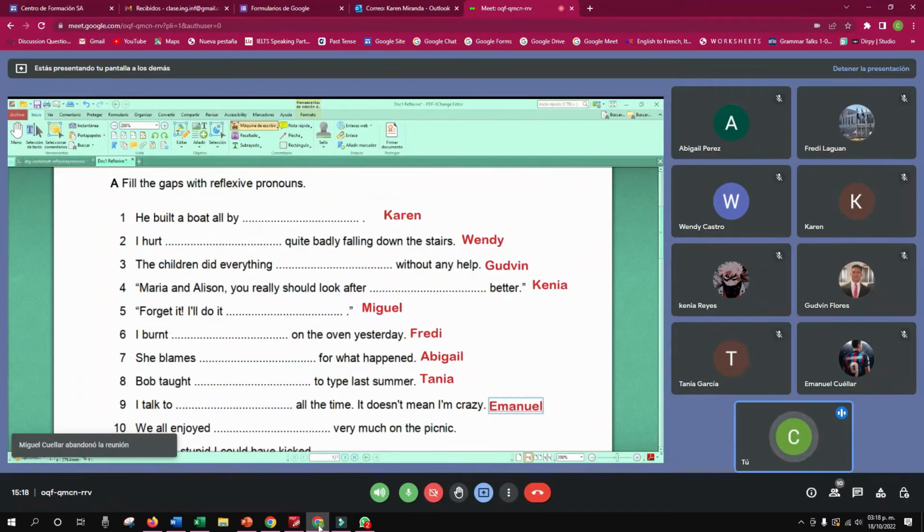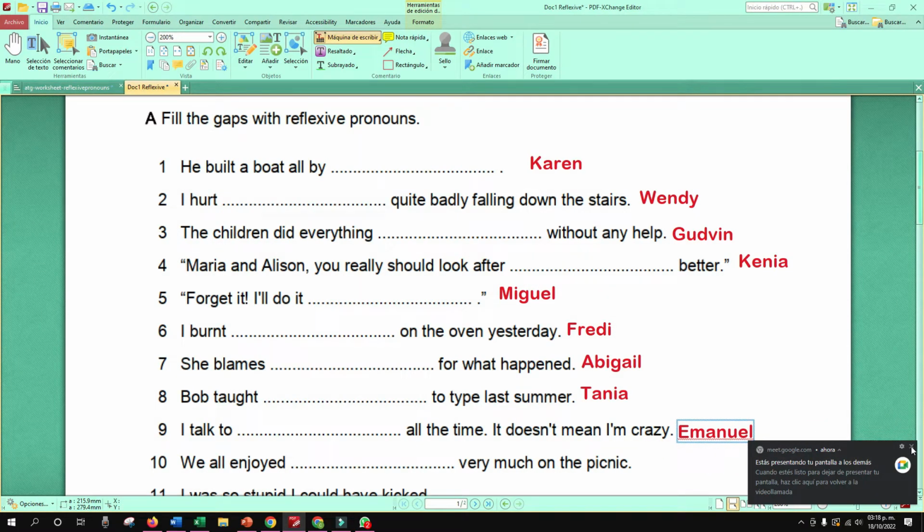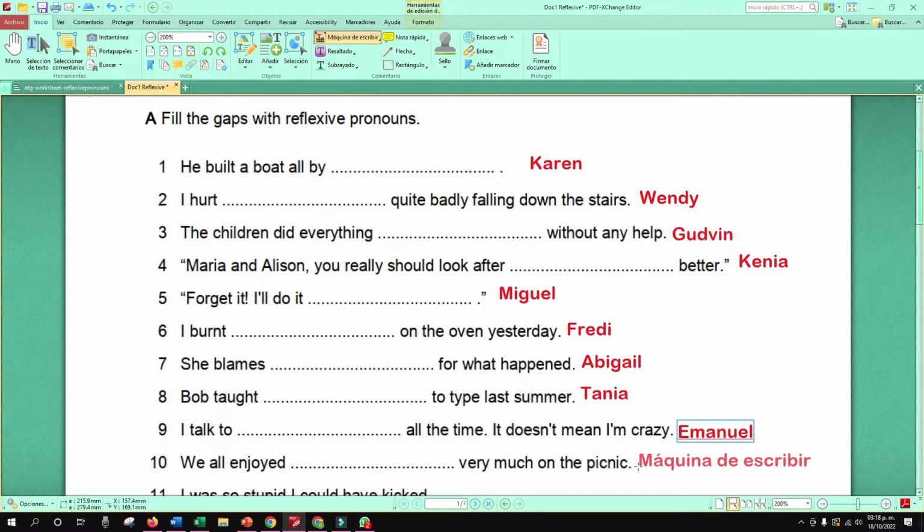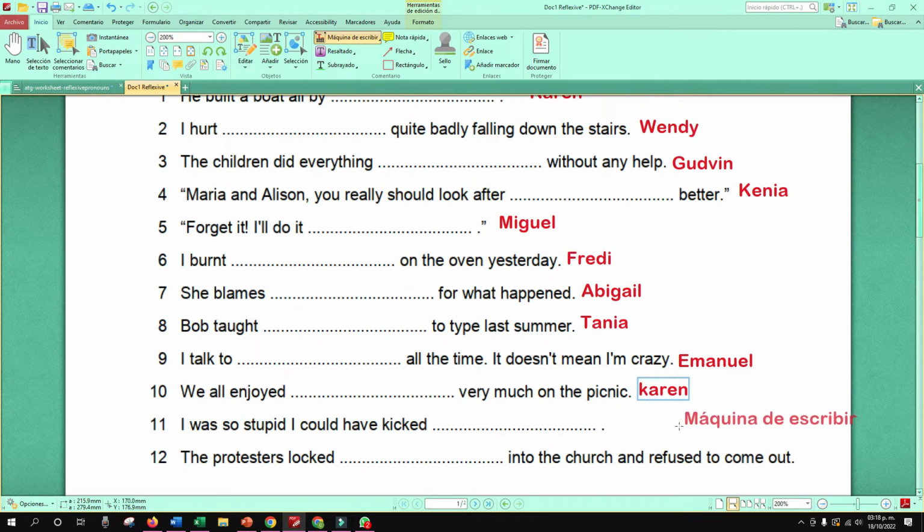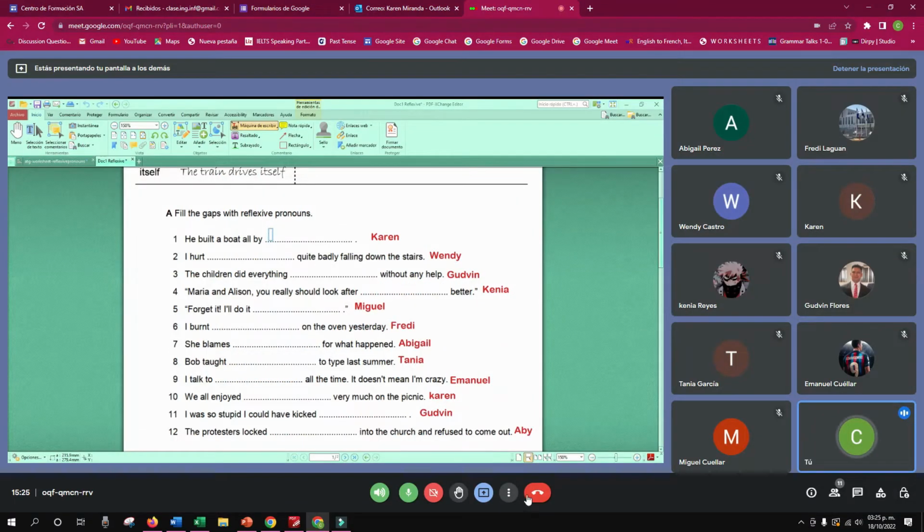Let's see if we have another one. Abandonó la reunión, Mr. Cuellar. What happened? Let's see, Abigail, when Mr. Freddy. Okay. So, guys, then we're going to have again Karen and Mr. Goodwin, and the last one, Abby. Okay. Are you ready?